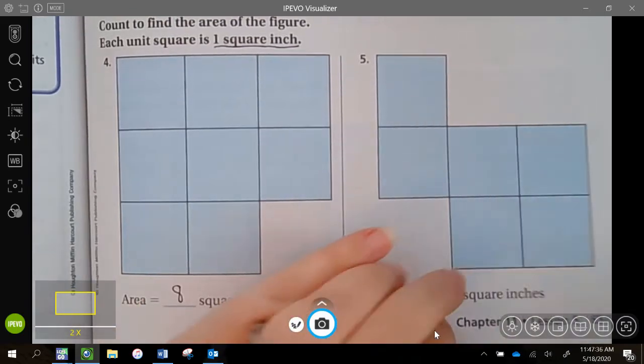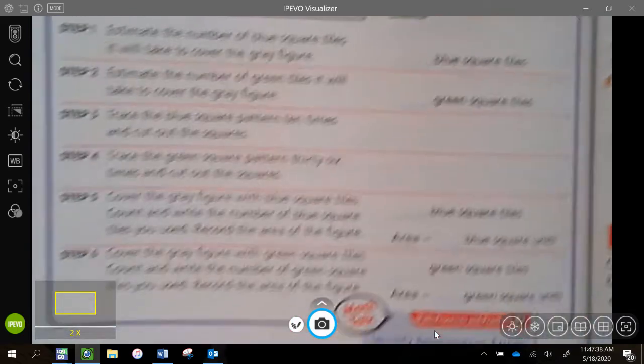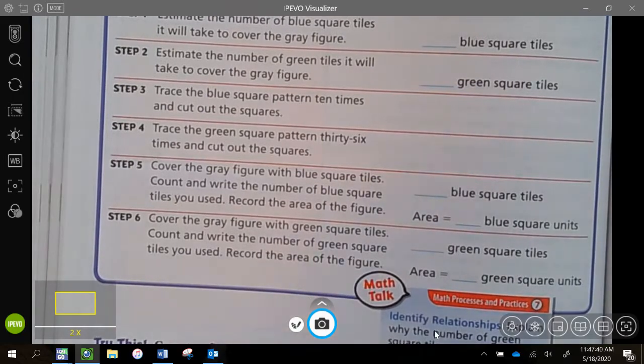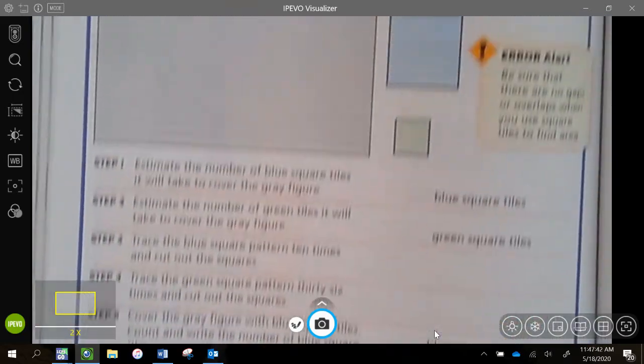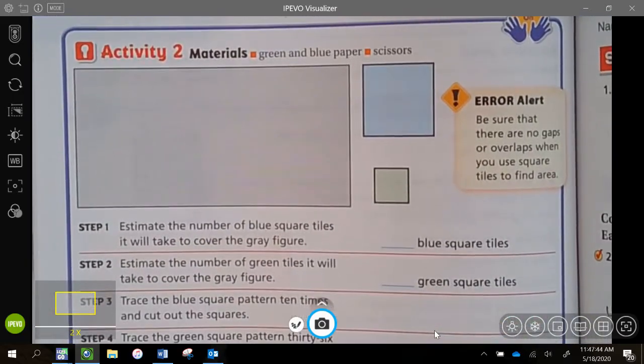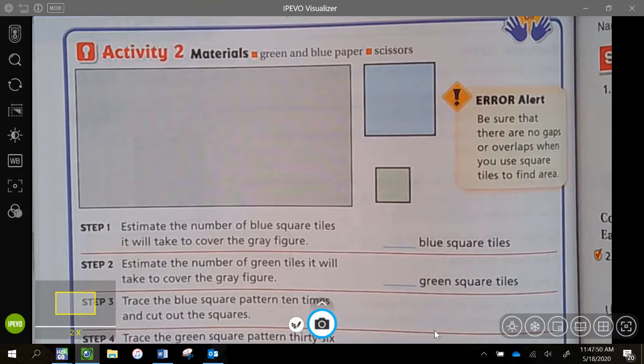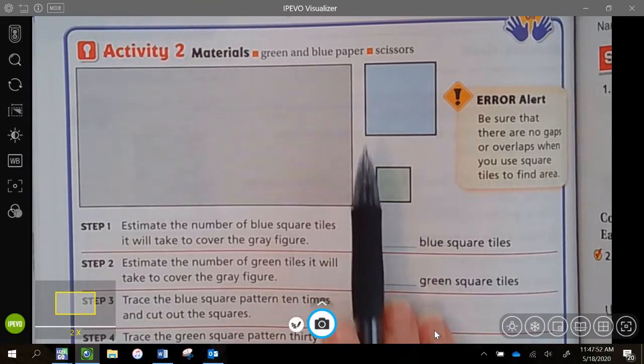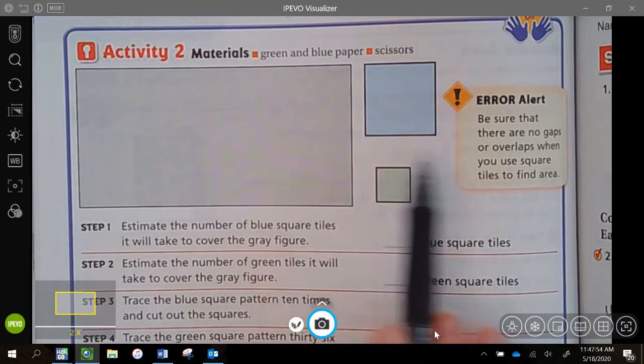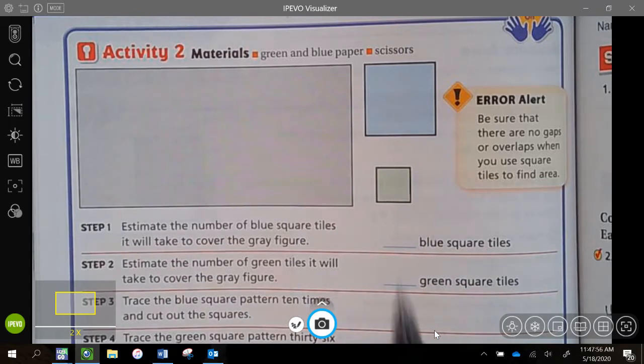Okay, so we're going to go backwards, and we're going to do this activity 2. And it says that we need green and blue paper and scissors, but we're just going to use our brains because we're that smart. So we have a 1 square inch unit, and we have a 1 square centimeter unit.